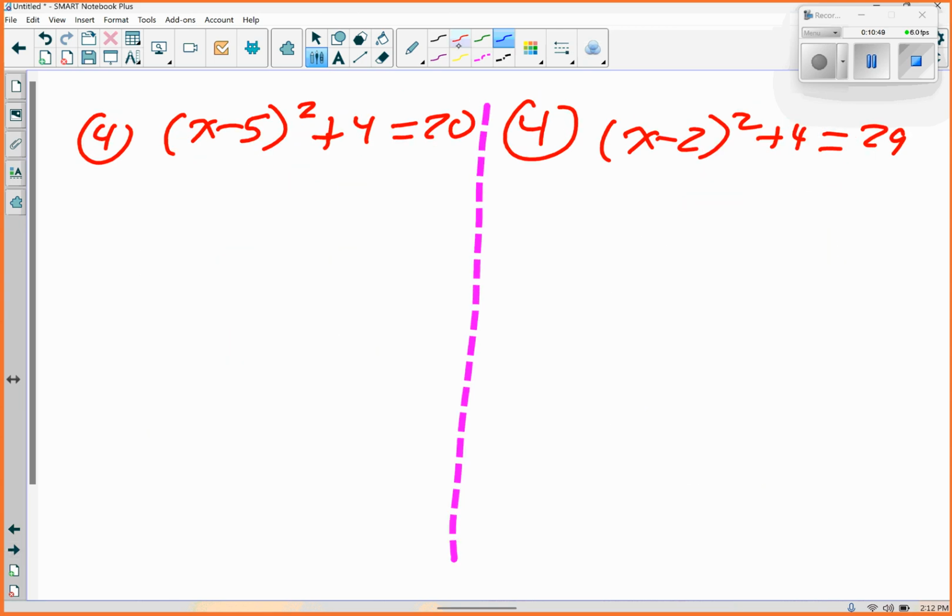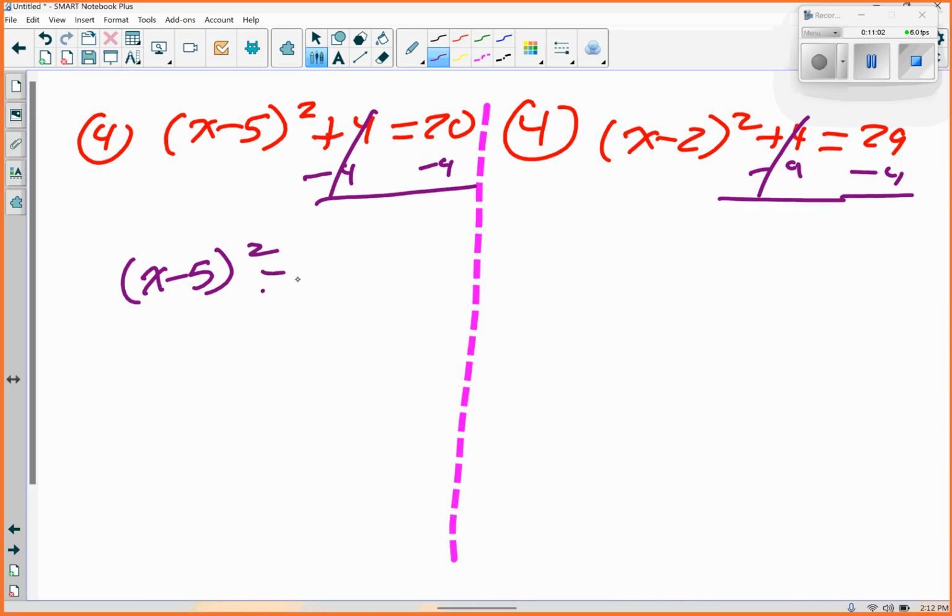Number 4. I'm going to do the exact same thing as my first move on both of those. Correct? That cancels. That cancels. I don't have x squared by itself, but I have the quantity that has x squared by itself.